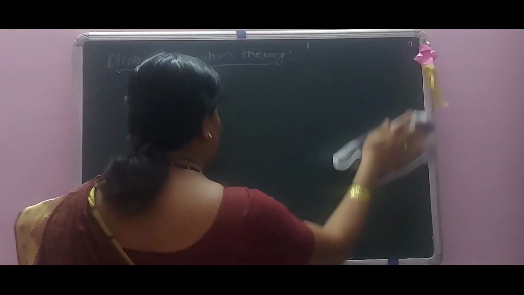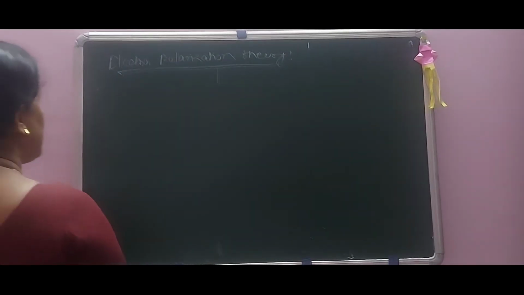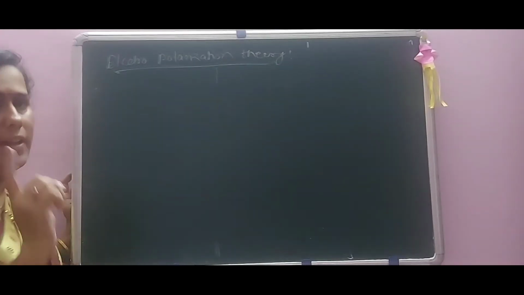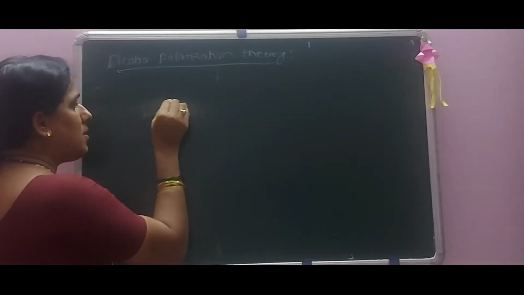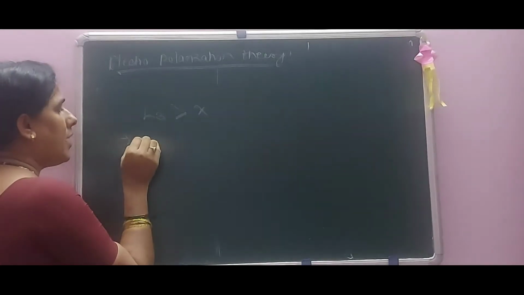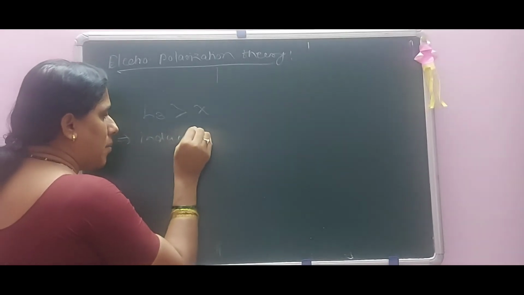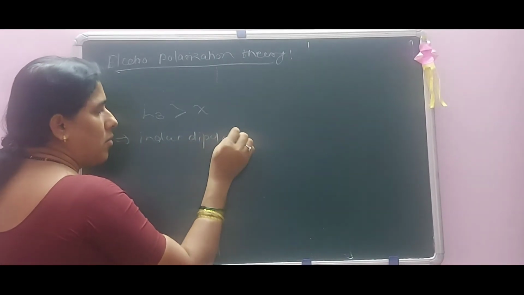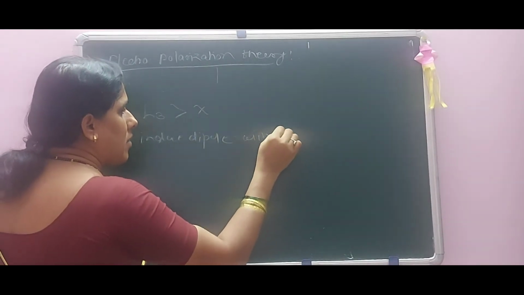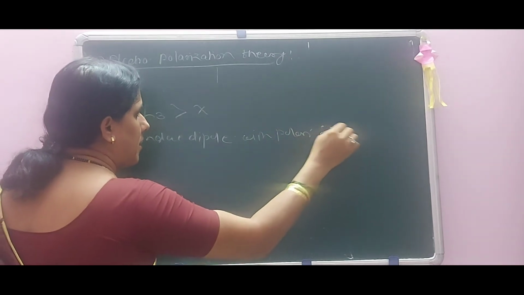Now, which points do we have to discuss again? Again, I am reminding in short. First, when the ligand L3 is more polarizable than X, it induces a dipole with polarities delta plus and delta minus.